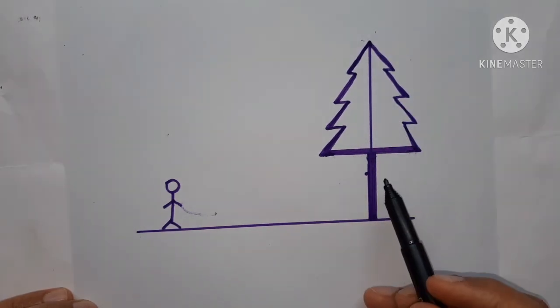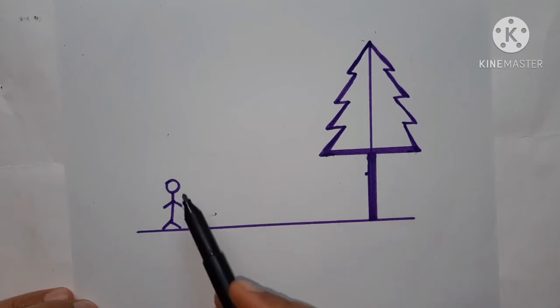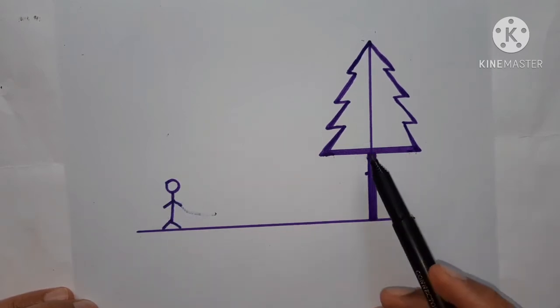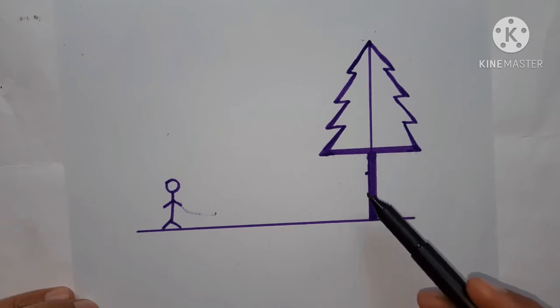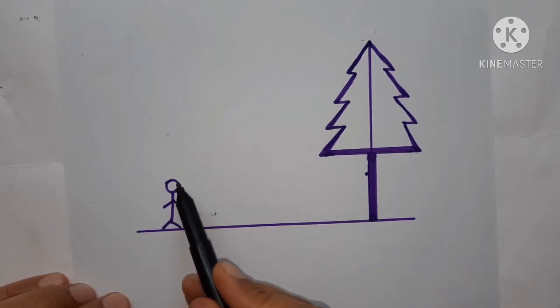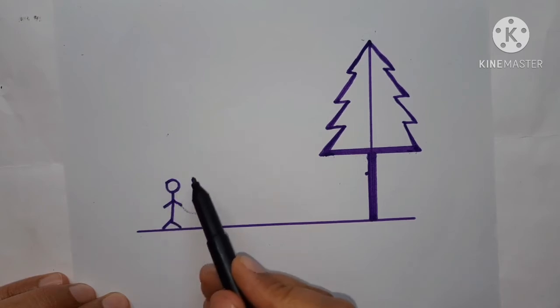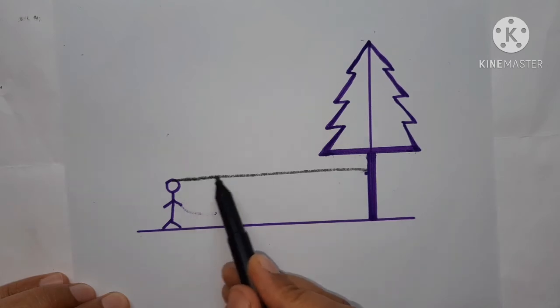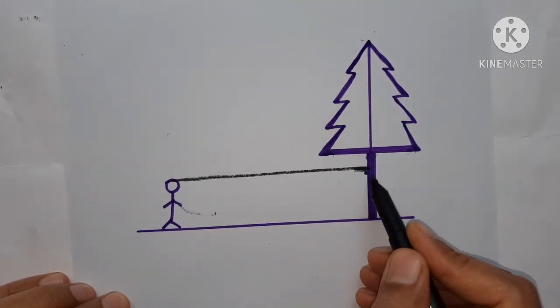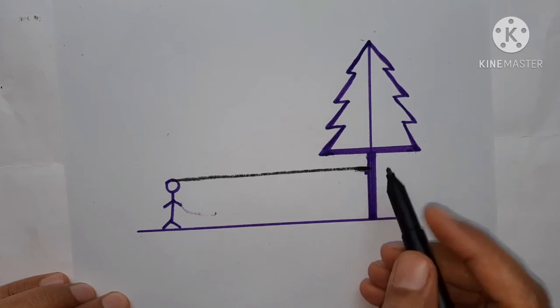We want to find the height of the tree. In the question, the examiner can say find the height of the person, or find the height of the tree. This is the height of the person, so I will draw a line parallel to the ground from the person's eye up to here on this tree.